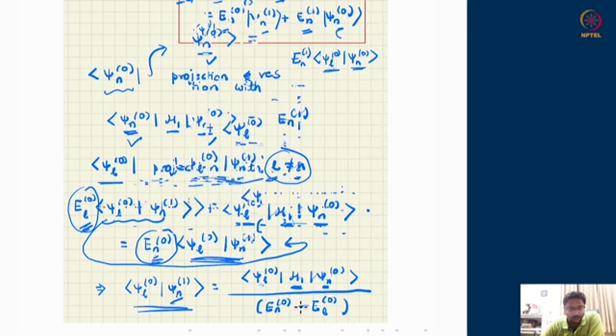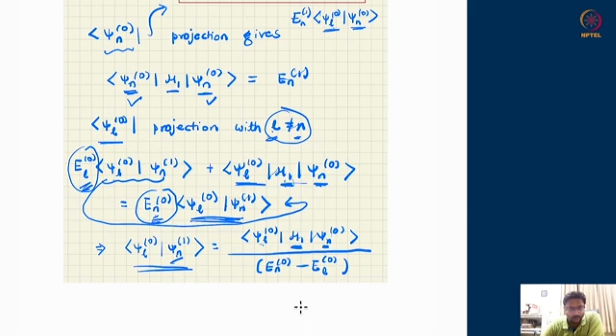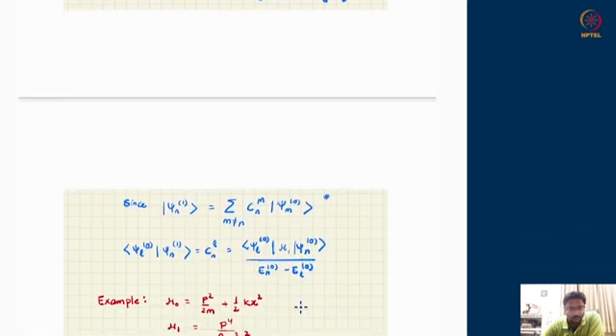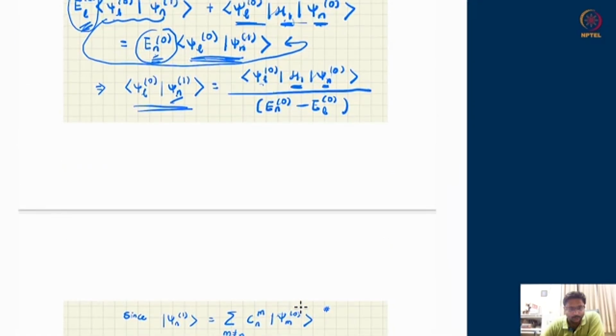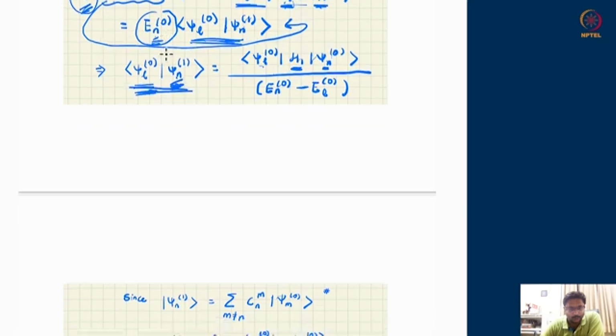We will do this with an example and try to find out what kind of corrections come about in different systems. Okay, so let us move on to some example. Just before going to the example, the inner product which we have obtained over here, the inner product between the first order correction along the different basis directions, can be given a compact name.